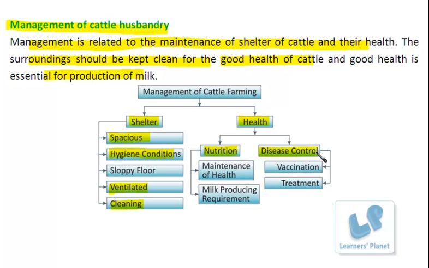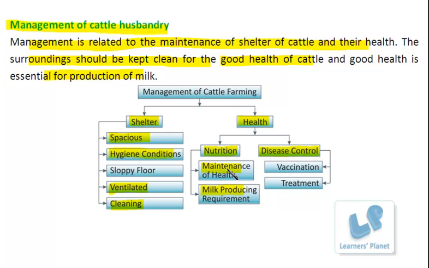And second is disease control, that is protection from diseases. Again the nutrition is specific, with respect to the maintenance of the body structure, and second for the production of milk. According to the phase these organisms are in, the nutrition should be given.